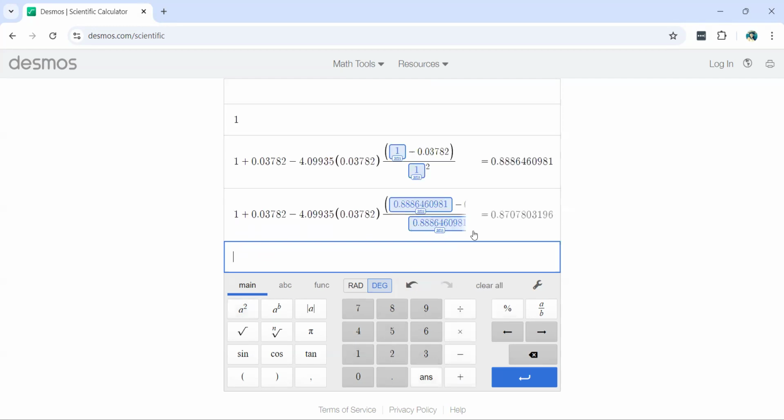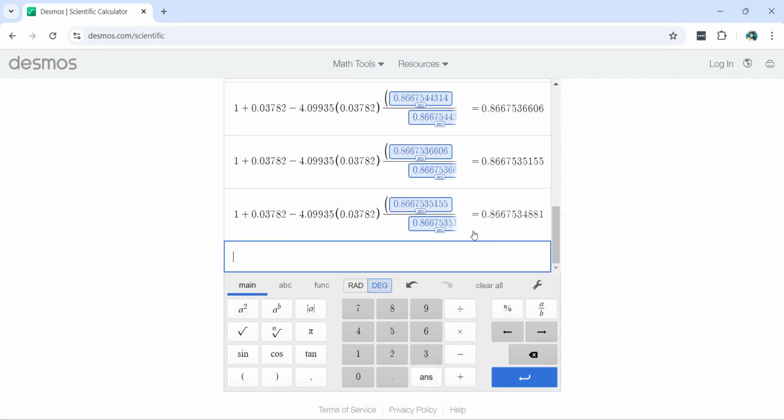We enter until there's no more change. Okay, it's not changing anymore. So it's 0.8668.